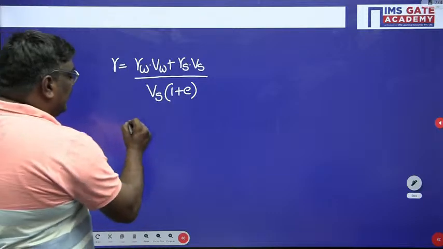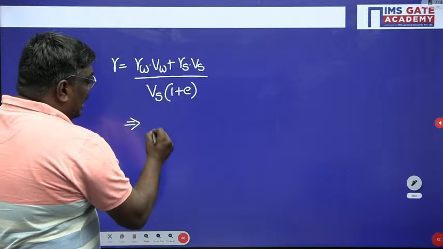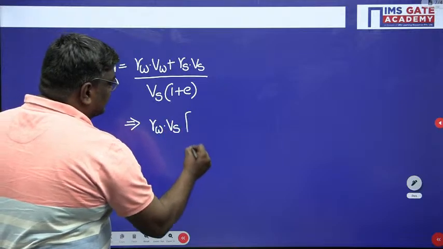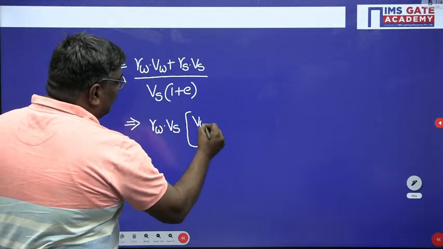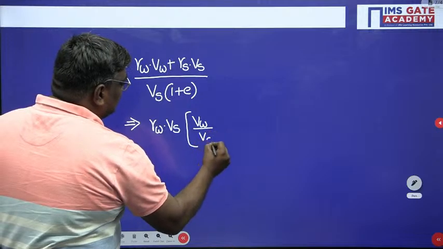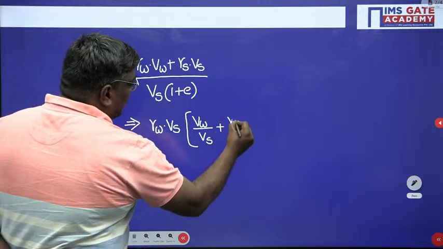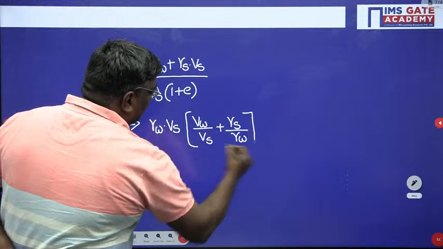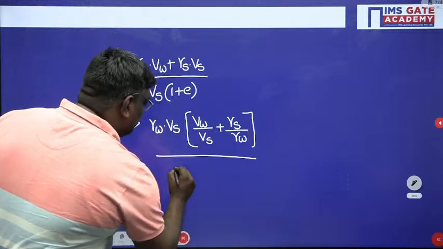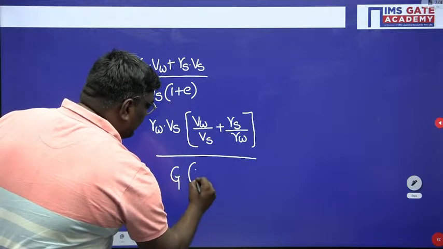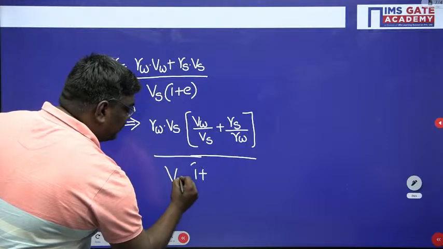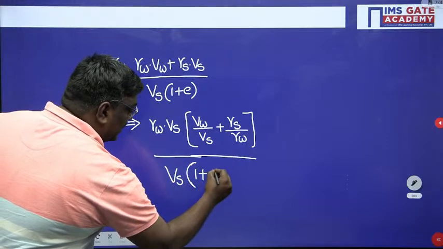Here I can write it as VW by Vs plus gamma S by gamma W, into upon, Vs into 1 plus e.